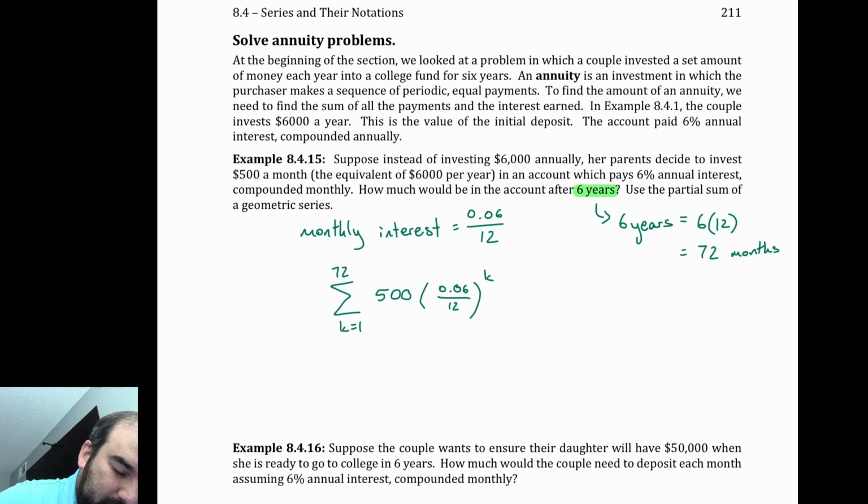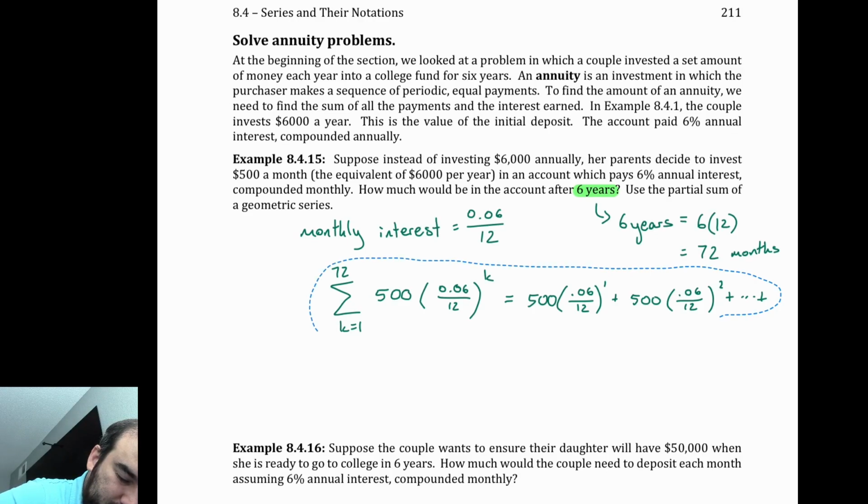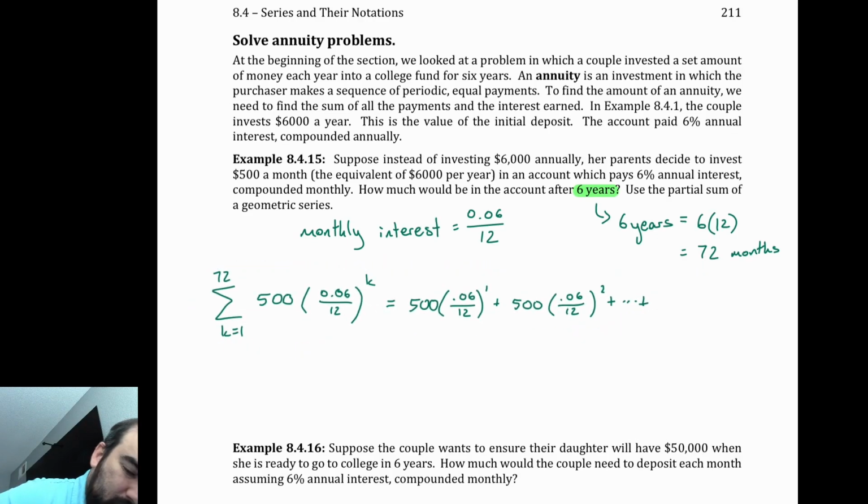So this series will tell us how much will be in the account after 6 years. If we were to write some of the terms of this series, we would do 500 times 0.06 divided by 12 to the first power, 500 times 0.06 divided by 12 to the second power, and so on, all the way to 500 times 0.06 divided by 12 to the 72nd power.